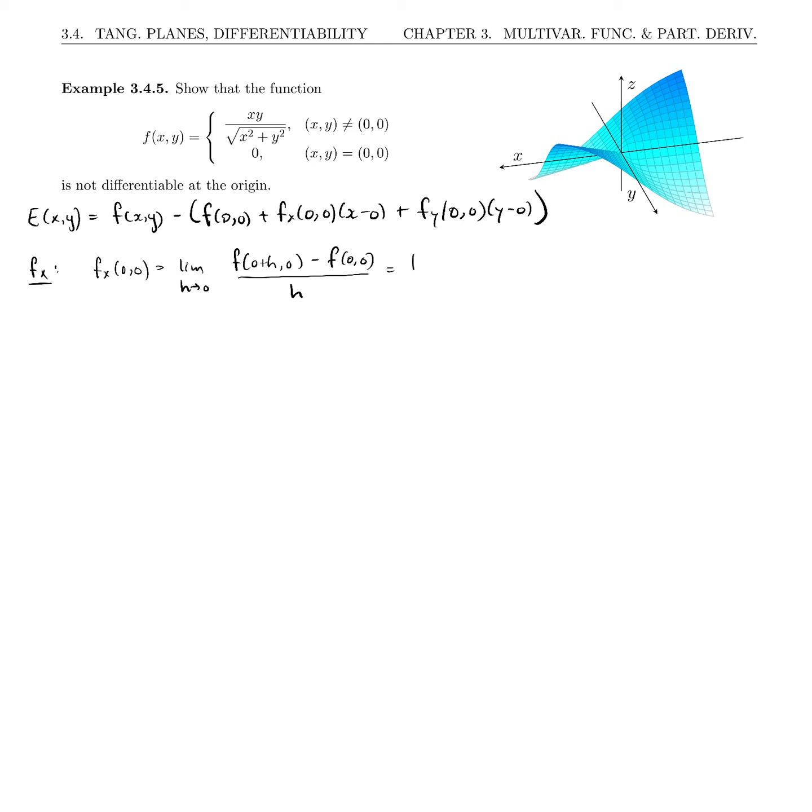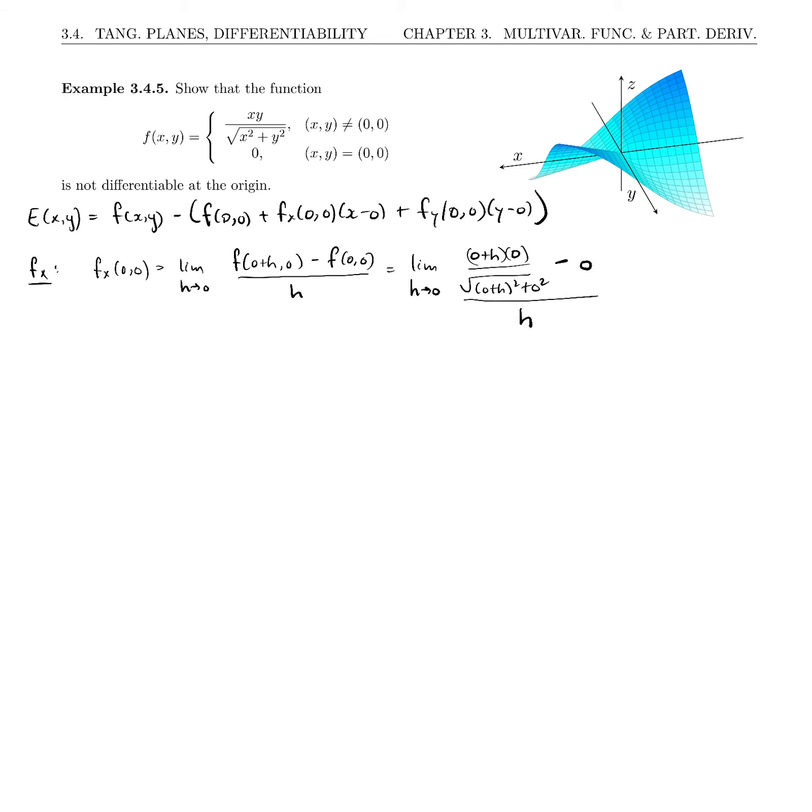This is the limit as h goes to 0 of, if 0 plus h is a non-zero value, we're plugging it into the function rule as given here, so we're plugging in at 0 plus h times 0 divided by the square root of 0 plus h squared plus 0 squared, minus f of 0, 0, which is 0, divided by h.